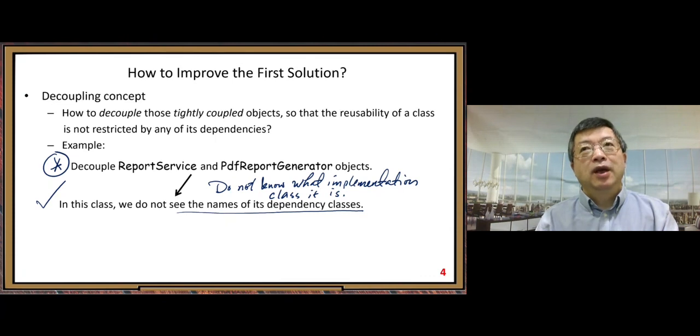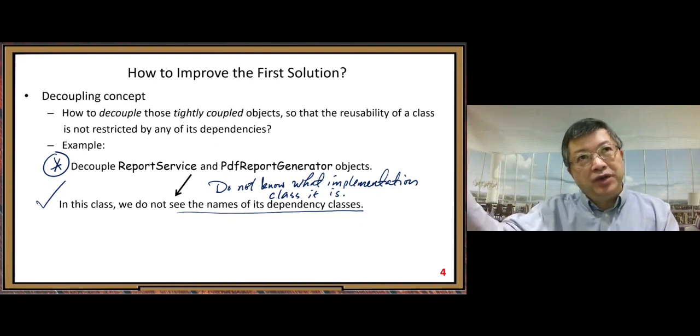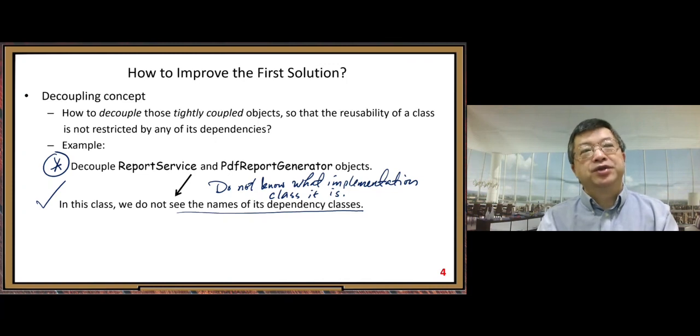At some other place, this issue will be addressed, but not here, not in the business service class. So the responsibility will be reduced. The responsibility to determine what implementation class it is is shifted to a different place. That's the meaning.